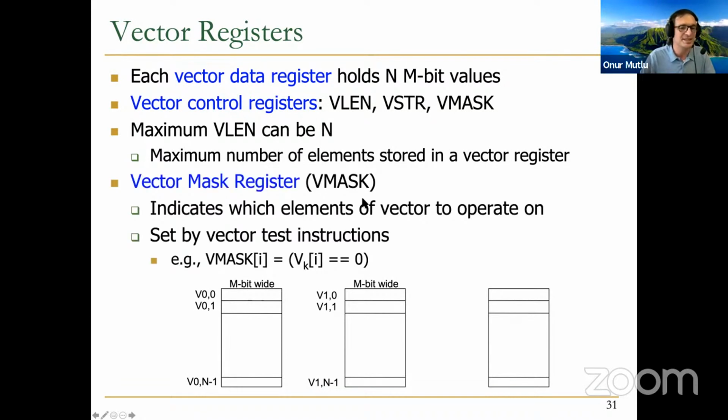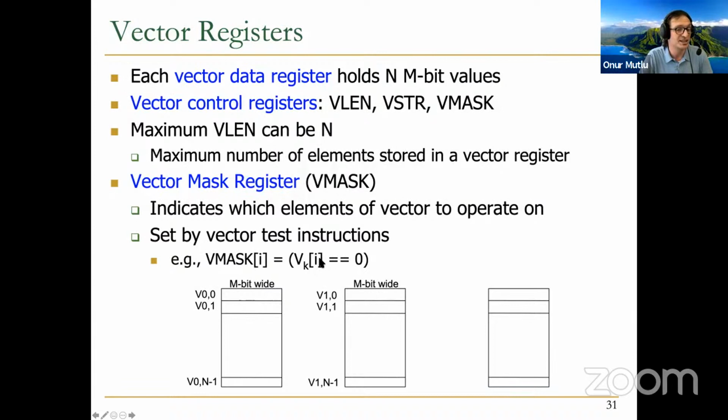There's also the vector mask register, which indicates which elements of a vector to operate on. This is going to be important because it enables conditional execution. We're going to be able to implement operations conditionally on different vector elements based on this vector mask register. For example, you can set the vector mask based on some condition.